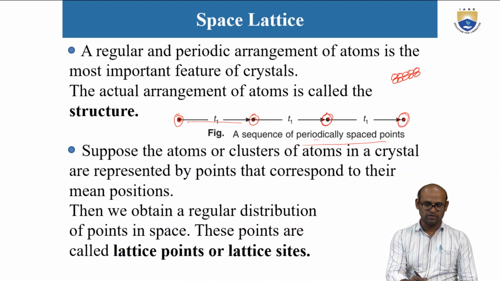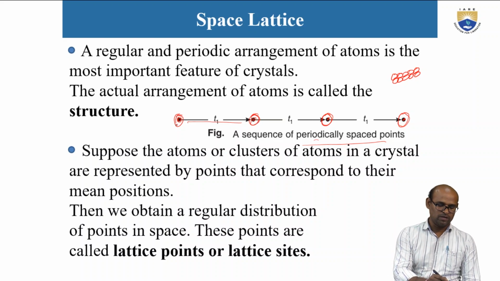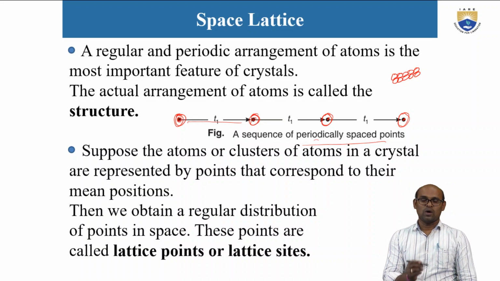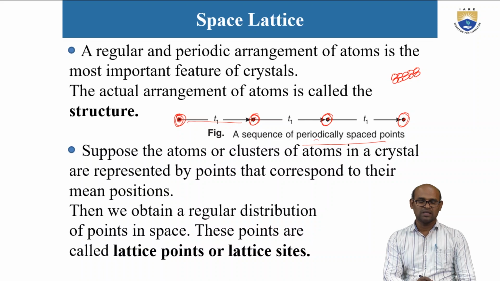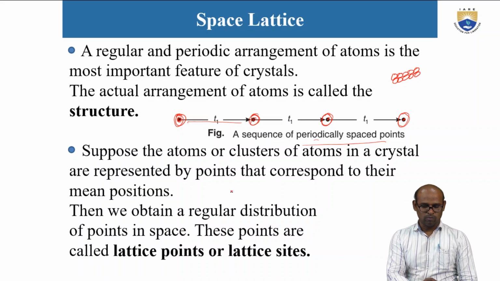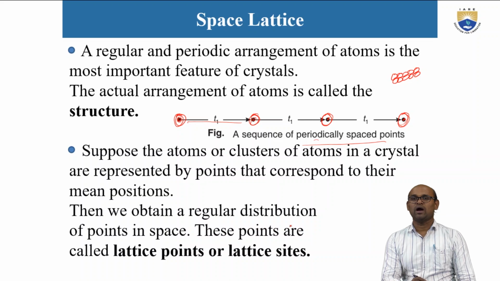Then we obtain a regular distribution of points in space. These points are called lattice points or lattice sites.